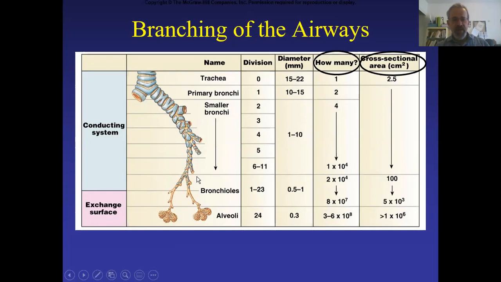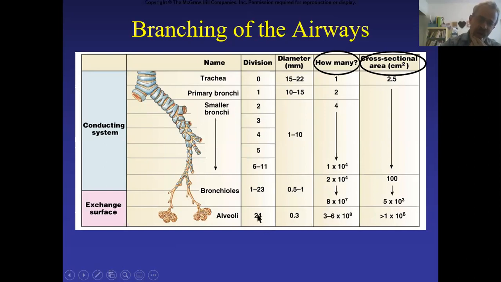Ultimately, those bronchi then branch further into the bronchioles, of which there are anywhere from 1 to 23. I've never seen one, but multiple branches, which leads to an increase in surface area of about 5,000, and there's about 80 million bronchioles. Ultimately, this branches out further into the alveoli.